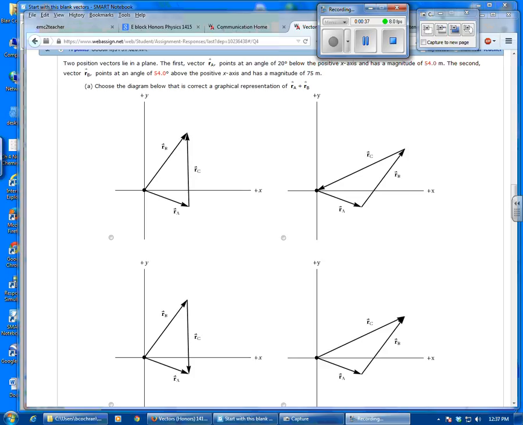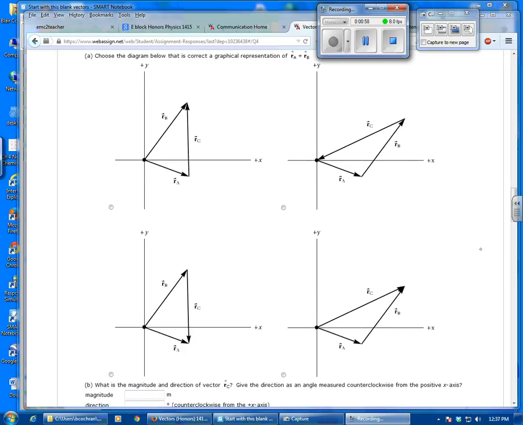And I'm adding those together, so I'm looking for the ones that have those in a tip-to-tail relationship. The ones that would be tip-to-tail would be the upper right corner and the lower right corner.